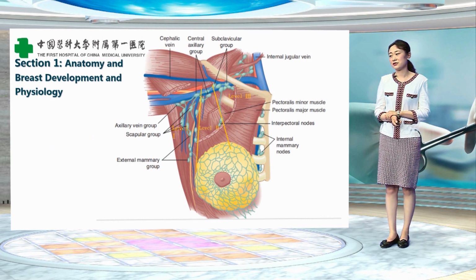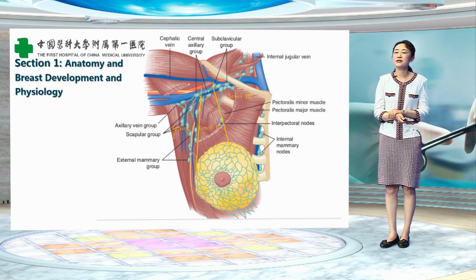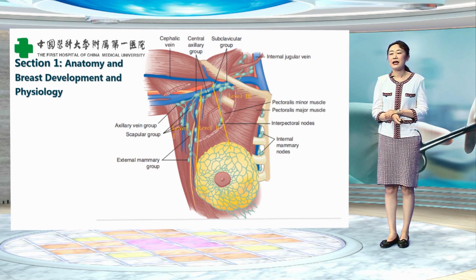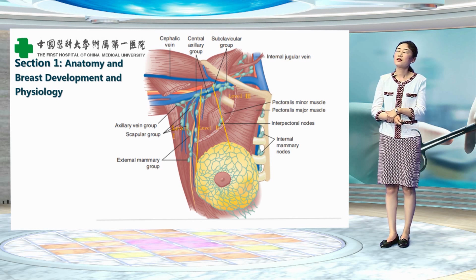The next section is very important. It's the anatomy of the breast, including the blood vessels, the lymph nodes, and the nerves. Most important is the lymphatic flow of the breast.